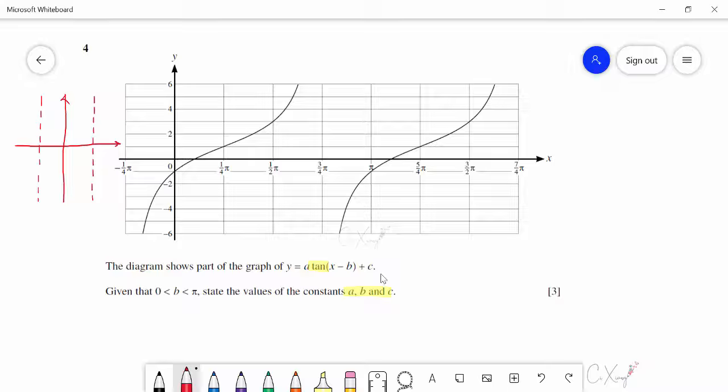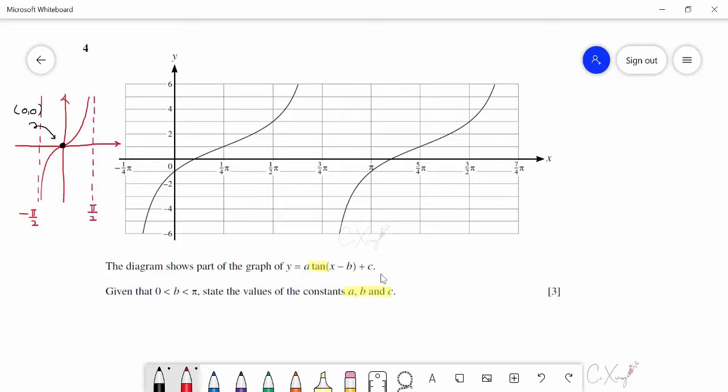Okay, so the original graph for tangent will be something like this. In the original graph, the asymptotes will be pi over 2 and negative pi over 2. One of the important points that we can use as a reference point is this one, which is 0, 0. It is actually the center of this whole graph.